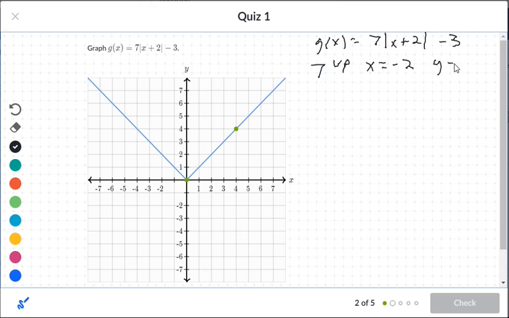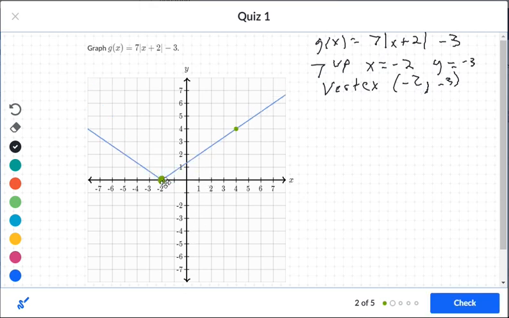The y you accept, so the y is negative 3. So our vertex is negative 2, negative 3. So we're going to be at negative 2 and then down to negative 3.